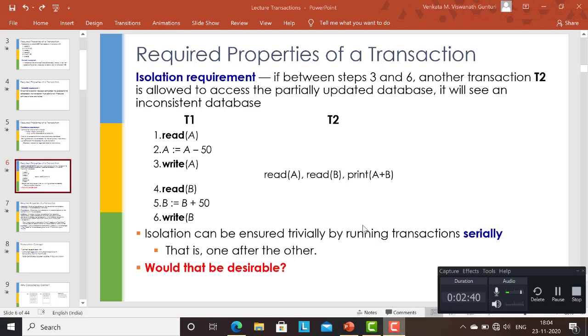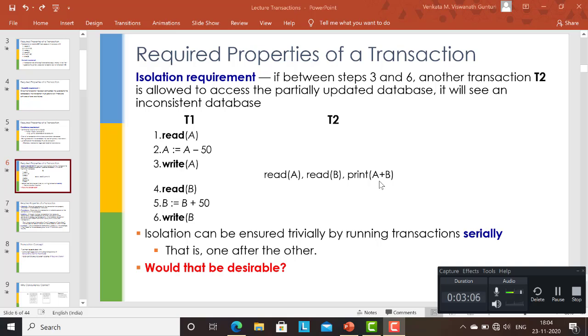But if you are scheduling operations from T2 in between step 3 and 4 of T1, you are going to get erroneous results, because you have deducted $50 from A, but you have not yet deposited $50 to B. So this is not advisable.